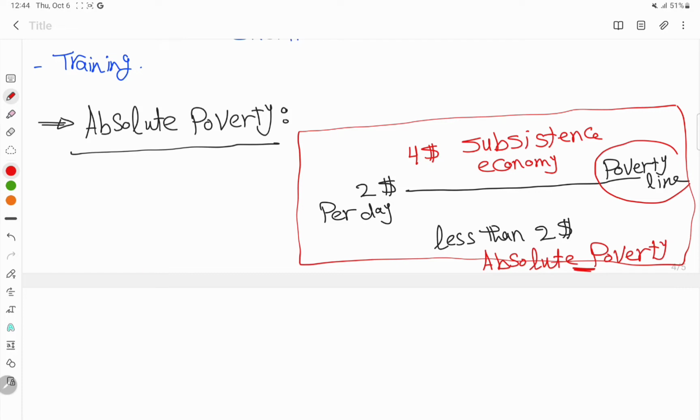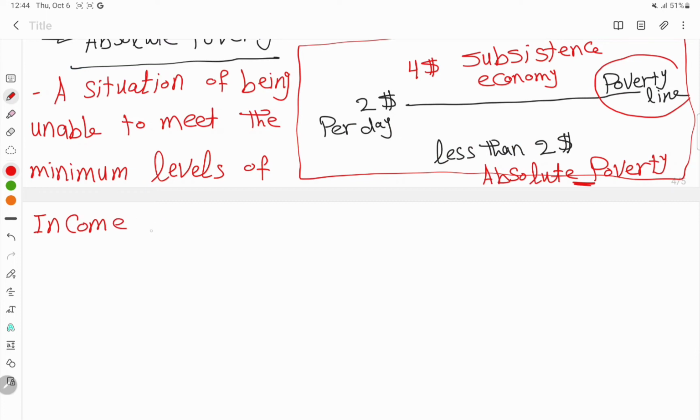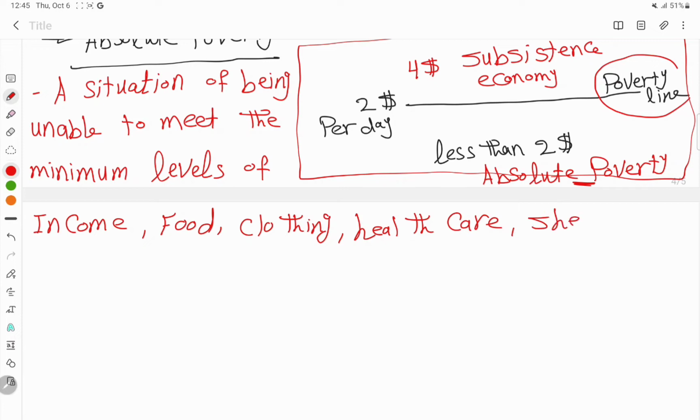So when we define absolute poverty, we call it a situation of being unable to meet the minimum levels of income, food, clothing, health care, shelter, and other essentials.